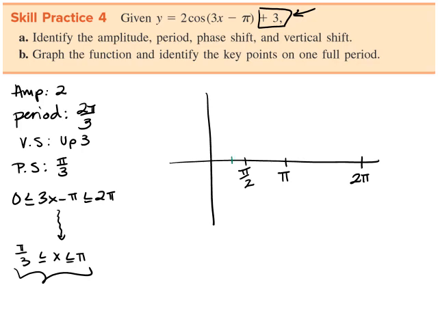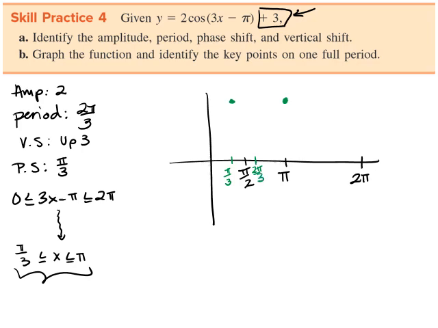So let's call this pi over 3. So if this is pi over 3, then we're going to start at pi over 3, and we're going to end at pi. So we need to figure out the halfway point. And the halfway point is actually 2 pi over 3.